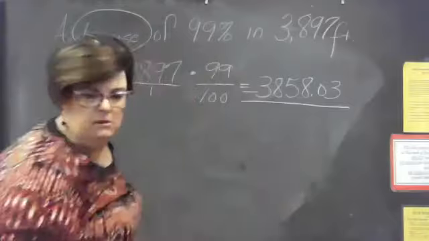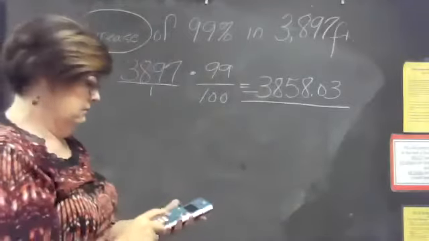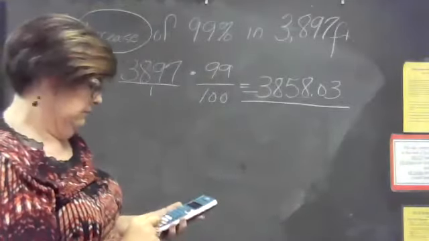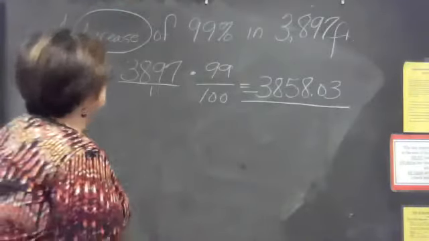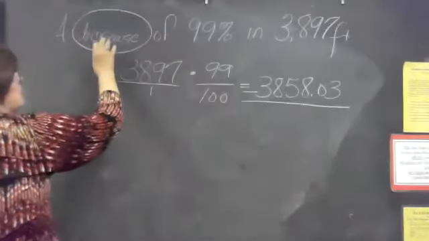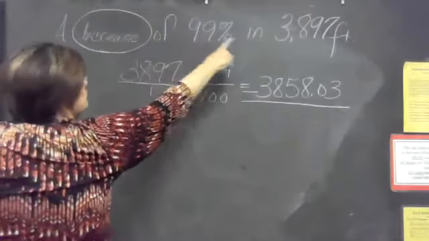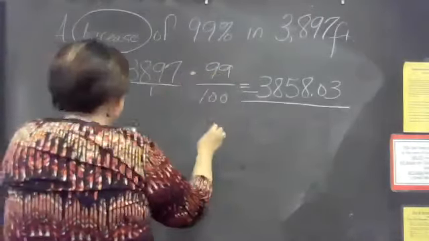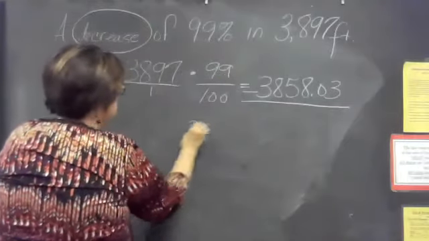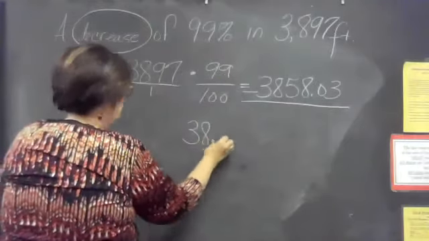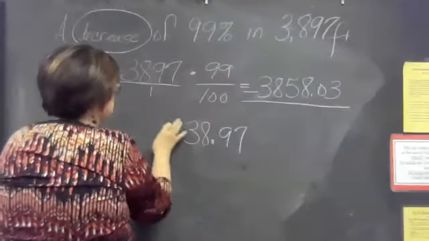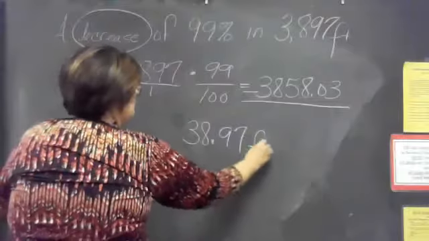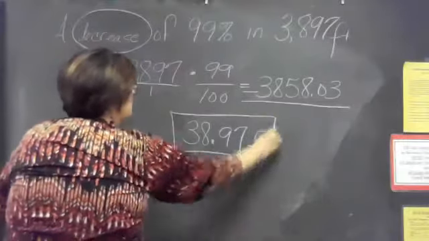I'll just do it on the calculator. So a decrease of 99% of that leaves us a final amount of 38.97 feet.